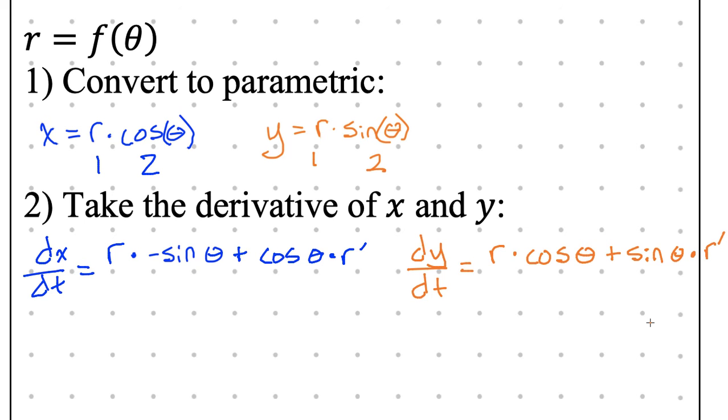So Gio found our dy/dt, and then you just plug this into your parametric equation.